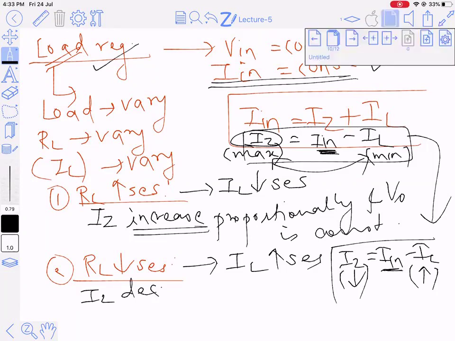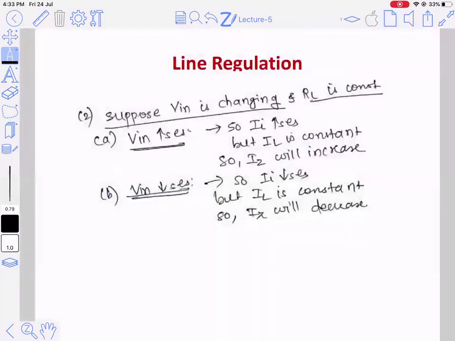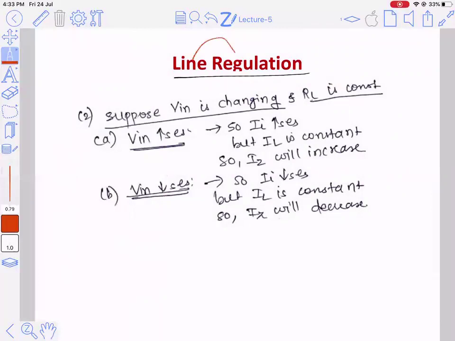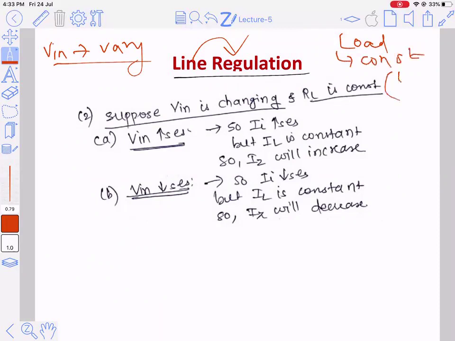What is the case when I talk about line regulation? In line regulation, who is constant? Line has to regulate. This Vin is fluctuating, it is varying. On the other side, my load is constant, so RL is constant and IL is constant.